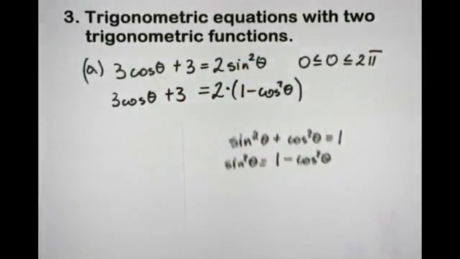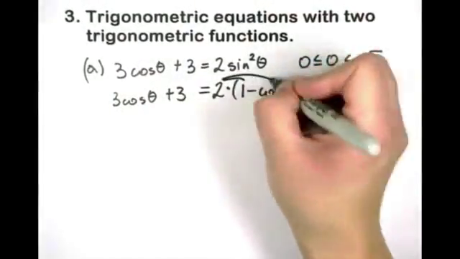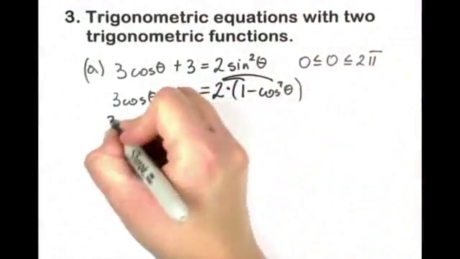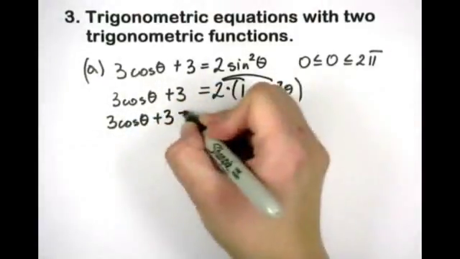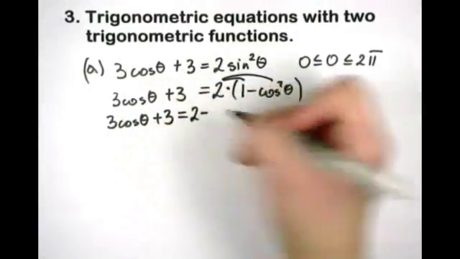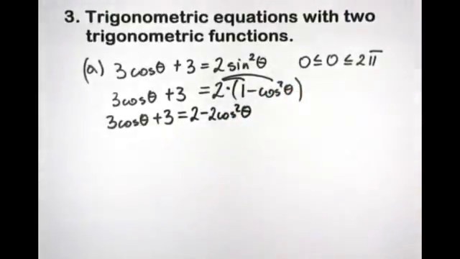Now I need to multiply the 2 out. So I have 3 cos theta plus 3 is equal to 2 minus 2 cos square theta. Quadratic equation. Now this equation became a trigonometric equation type 2, that we have quadratic equation. So we bring everything over, we need to factor and so on.